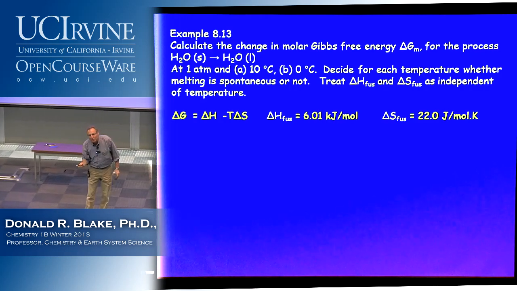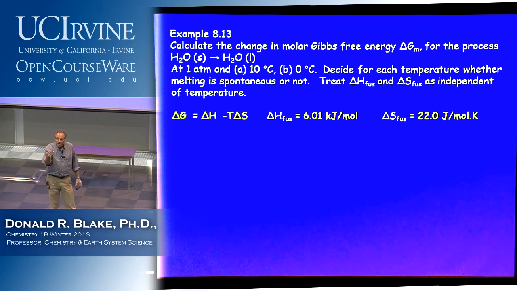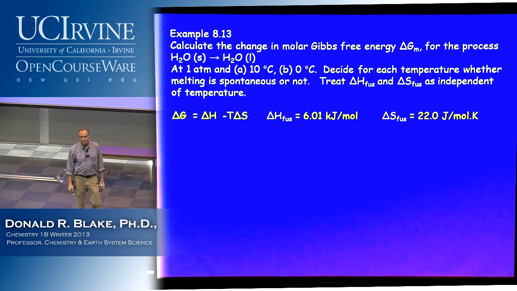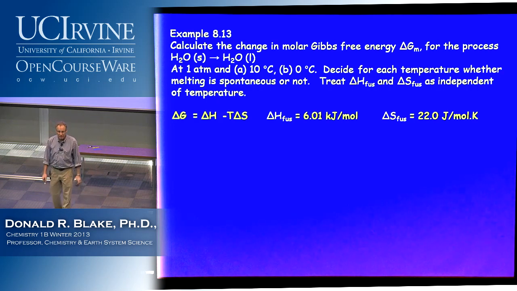I guess what I was thinking was, at 10 degrees, are we going to have liquid water become an ice cube? The answer is no, but obviously you're smarter than I am. If you have an ice cube at 10 degrees, sure, it's going to be spontaneous, so it's going to have a negative delta G. Does that make sense? So once again, if you read a little bit better than I do, you'll know what the question is asking, and then you'll have a clue as to whether the sign should be positive or negative.